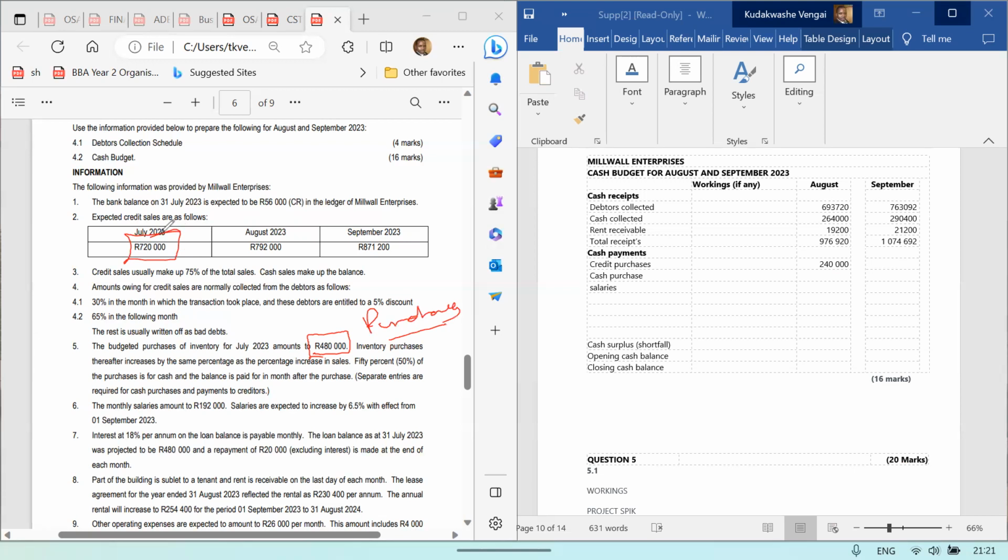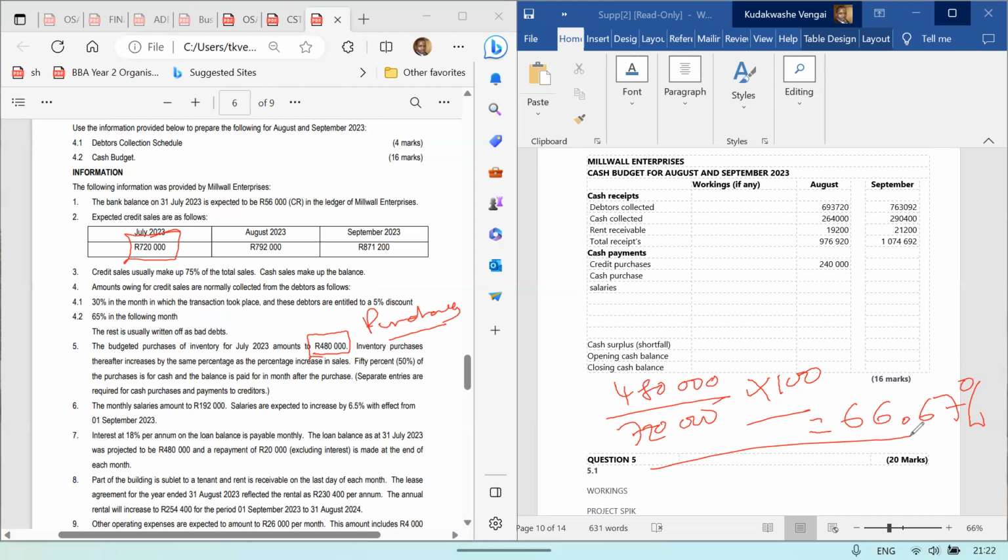If I was to ask you what is the percentage of purchases found in the sales, you say 480 divided by 720, multiplied by 100, and you're going to get 66.67%. Is it clear how I calculated this ratio?